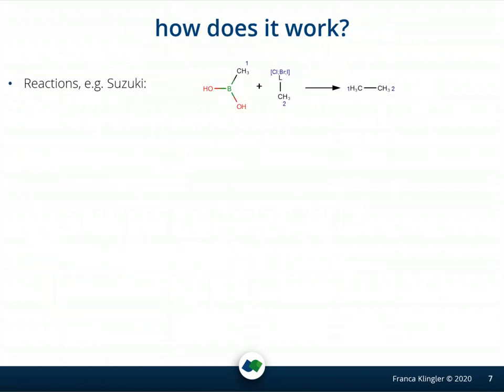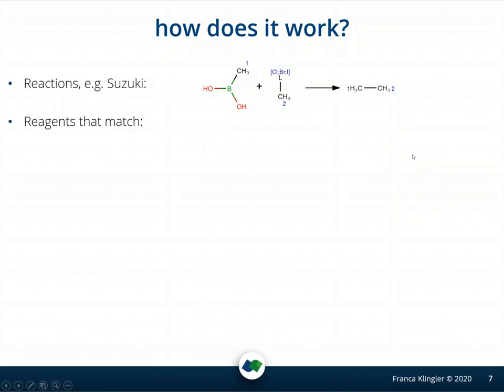So coming to how it really works, we teach the computer chemistry, as I said. For example, we look here at the Suzuki reaction, and we look at the minimum which is necessary to really make it a Suzuki reaction. We have a carbon attached to a boronic acid, and a carbon attached to a leaving group. On the product side, we would have a carbon connected to a carbon.